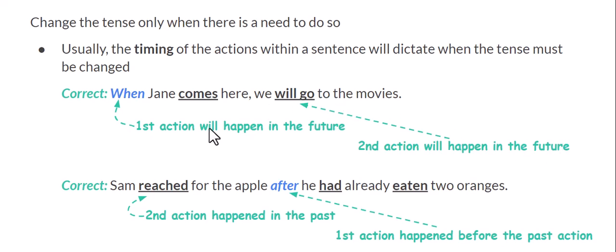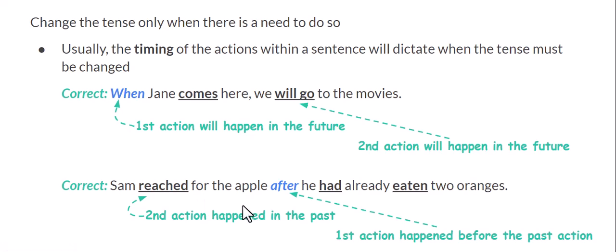As it's explained to you on the slide, this is the second action, and in both of these sentences we are using the future tense. So we are not going to use a different tense. We use here when she comes here, and here we add will. So this is correct.